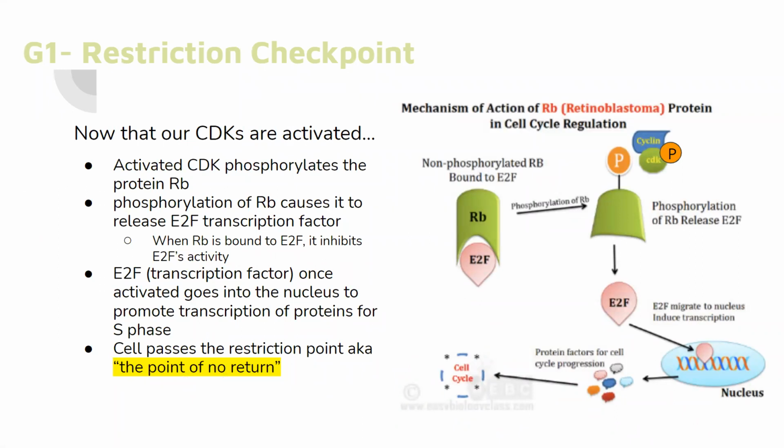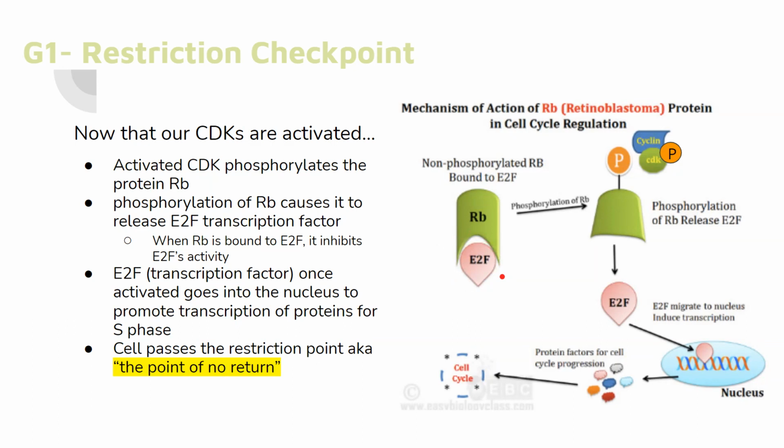Now, this is the restriction point of G1, which is right before S phase. After CDC25 has acted on the cyclin CDK complex, it's now active. Activated CDK will phosphorylate protein RB. RB is originally bound to E2F, and with RB bound, E2F cannot do its function in the cell.